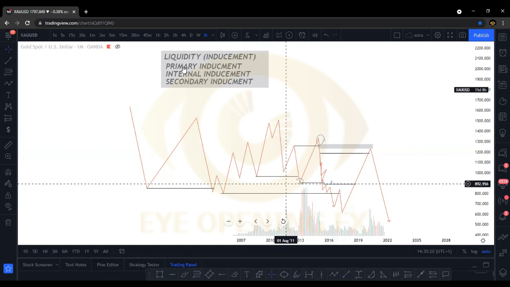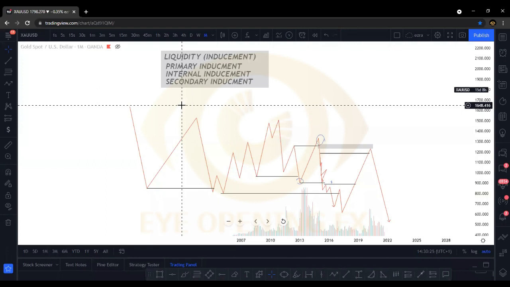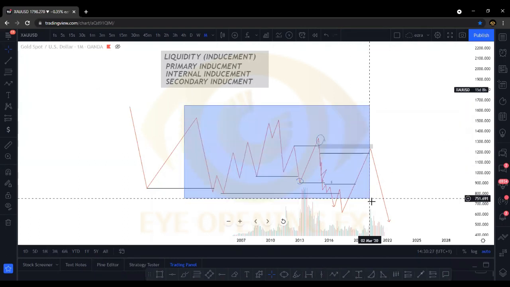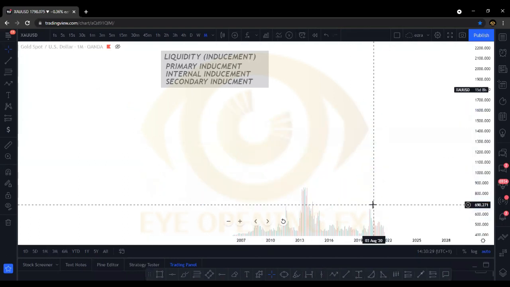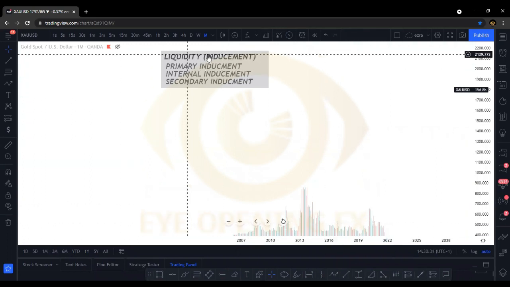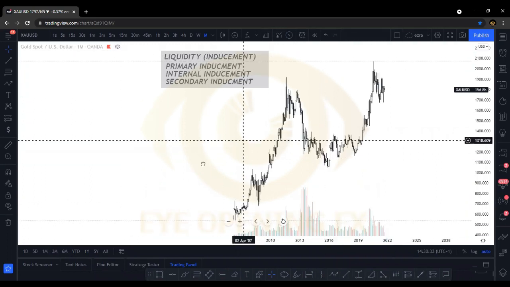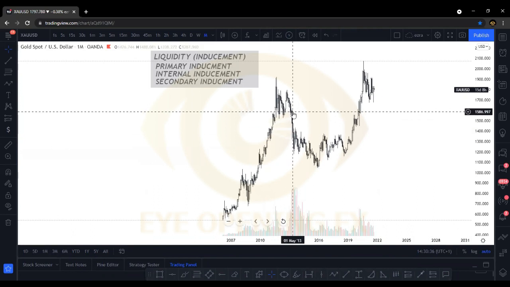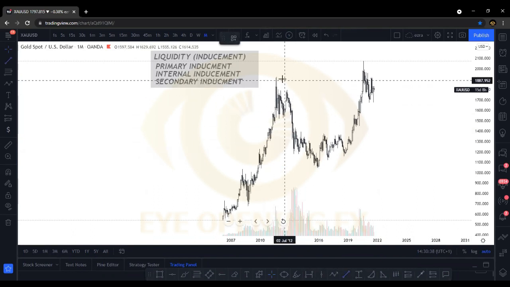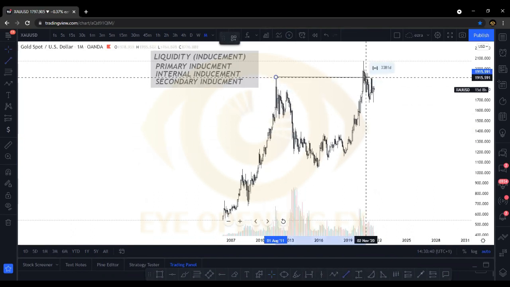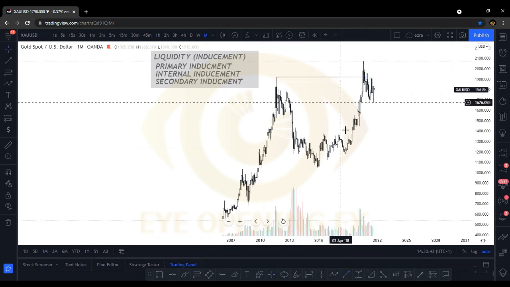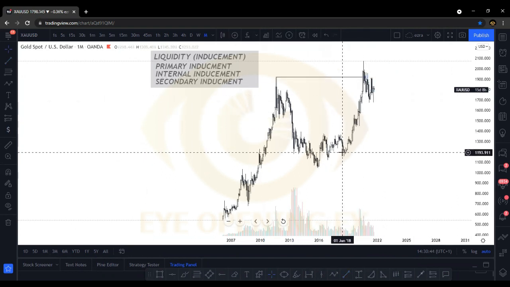So that is the third type of inducement that we have: internal, primary, and secondary inducement. Now take, for example, this area, the market creates a higher high here. After a higher high, that means we're in an uptrend as far as price is concerned.